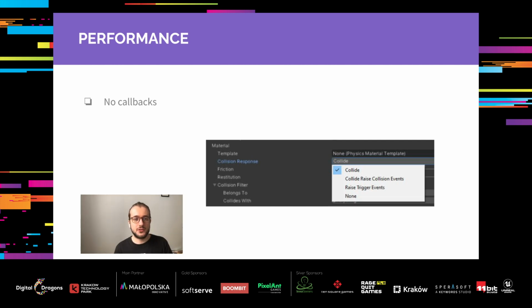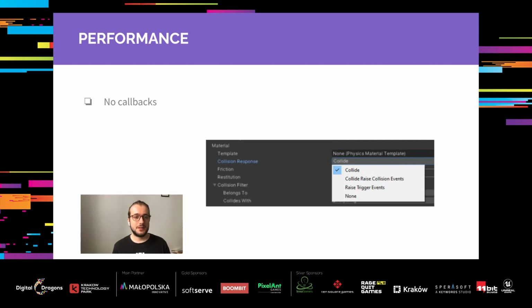Of course, this solution has its drawback. We couldn't process those collisions and react to them, but we found different alternatives to achieve similar results. We used segments to collect the collision data and leave individual bricks with no callbacks and high performance.